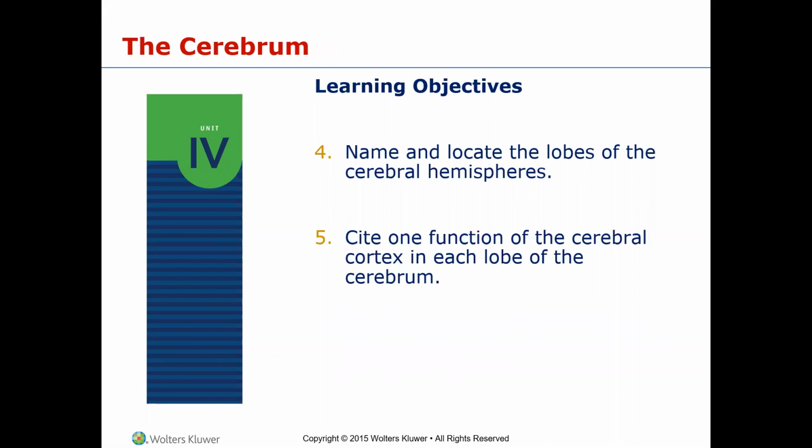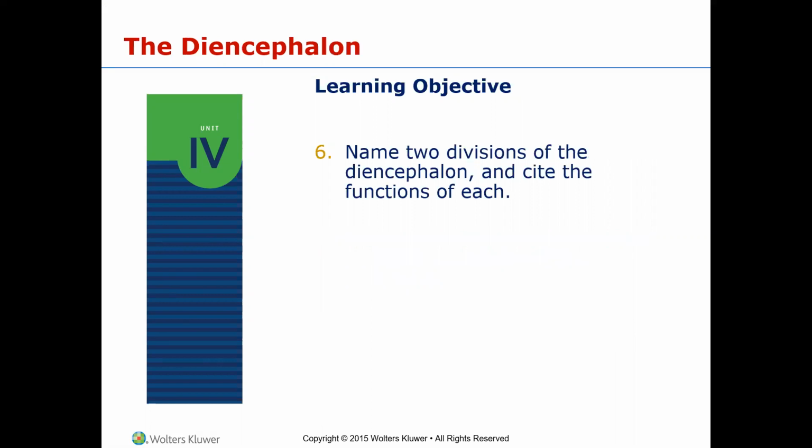You'll also, under the cerebrum, be able to name and locate the lobes of the cerebral hemispheres and then cite the function of the cerebral cortex that's found in each lobe of the cerebrum.